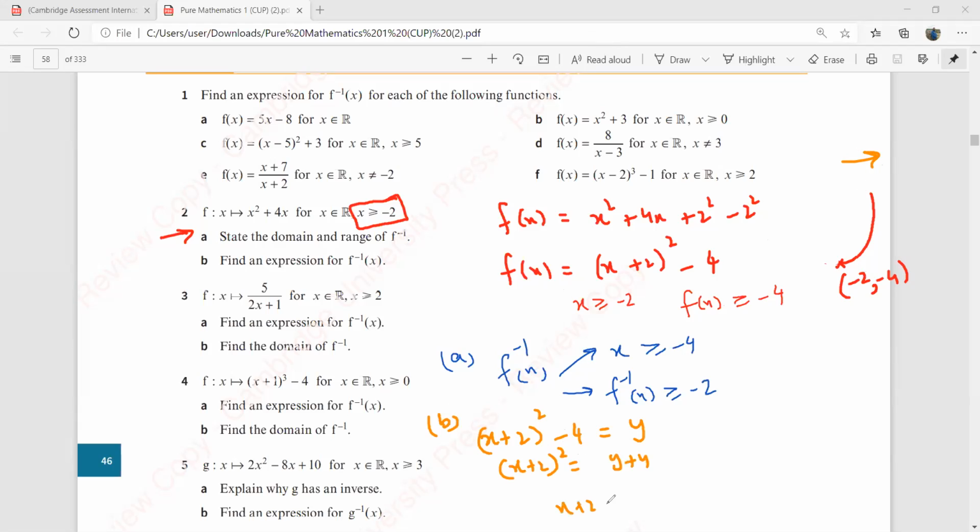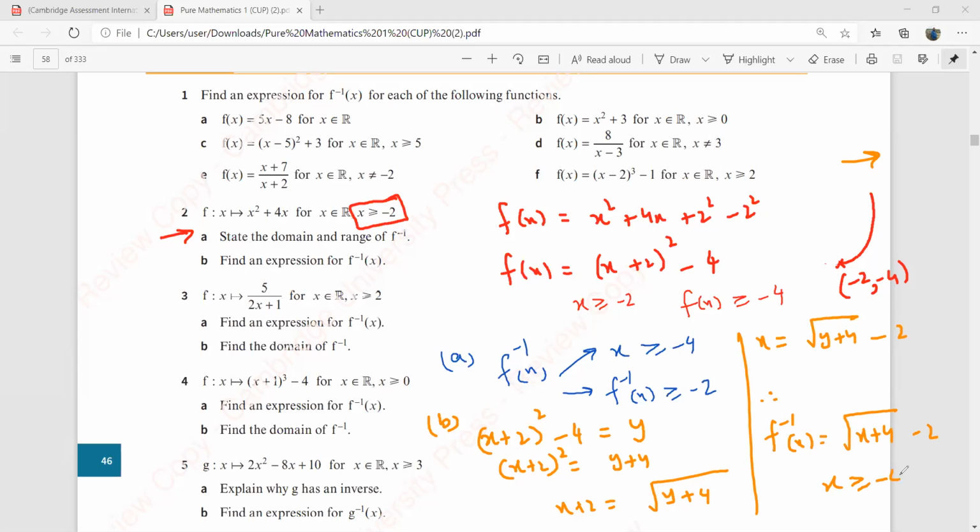So x plus 2 is going to be the square root of y plus 4, and your x is the square root of y plus 4 minus 2. Therefore, here is the inverse of this function, that is the square root of x plus 4 minus 2, where x is greater than or equal to minus 4. That is the domain of this function.